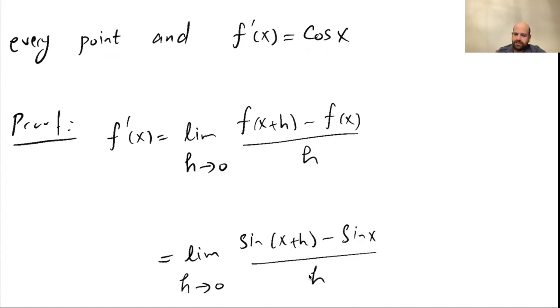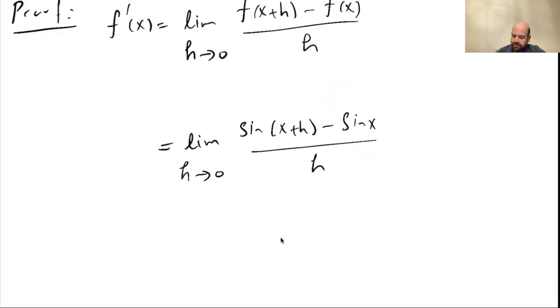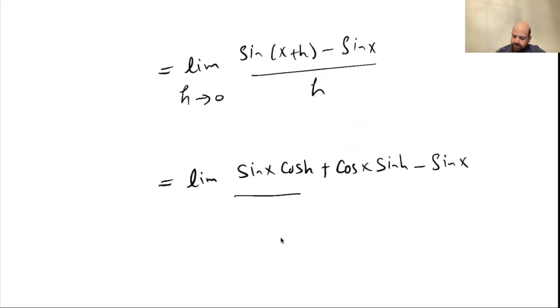How can we simplify here? Well, we have a formula for sine of addition of two angles, sine of x plus h. What is that going to be? So limit of sine x cos h plus cos x sine h minus sine x, divided by h.